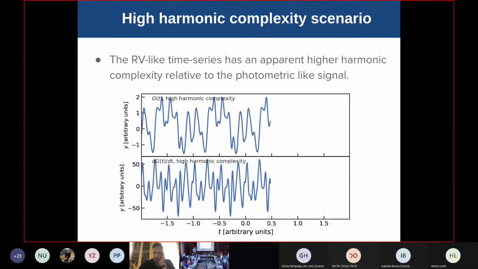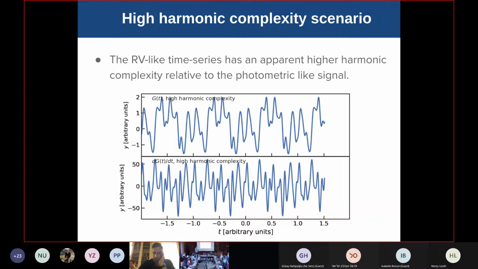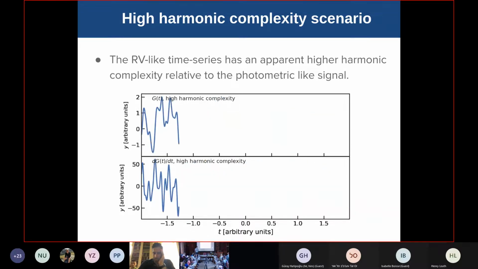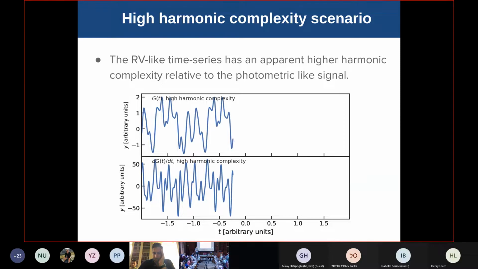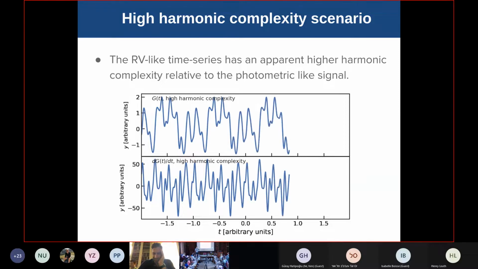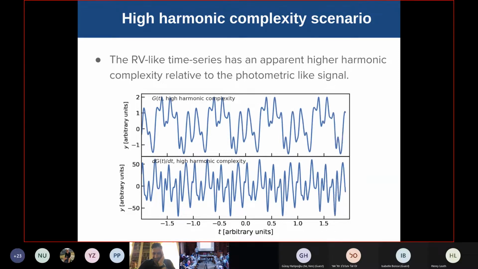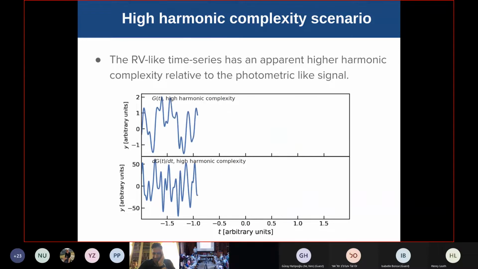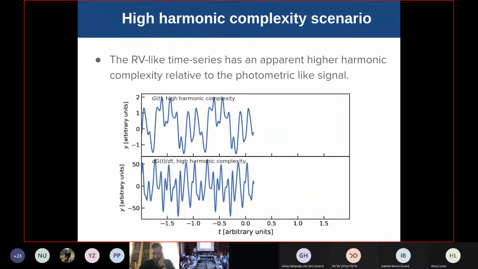This is really important because when you are using a light curve to train your GP hyperparameters, you might be giving the wrong information, because you might need a higher harmonic complexity in order to model the signal that is in the radial velocity. So this is one of the first things that we started to observe.